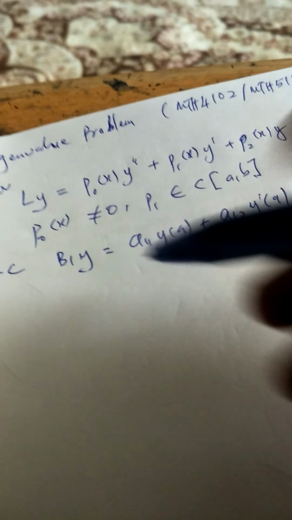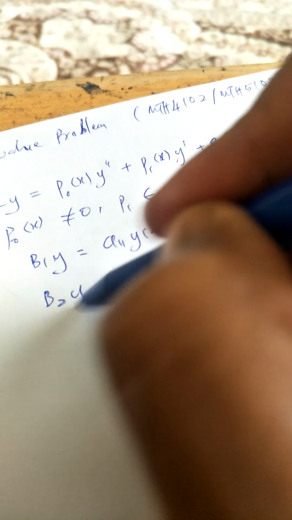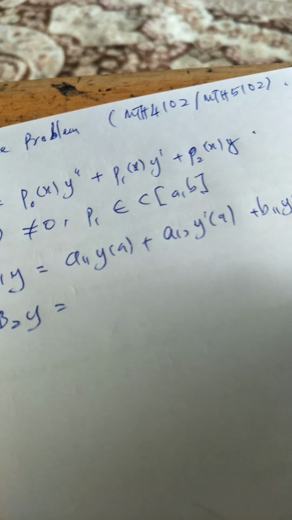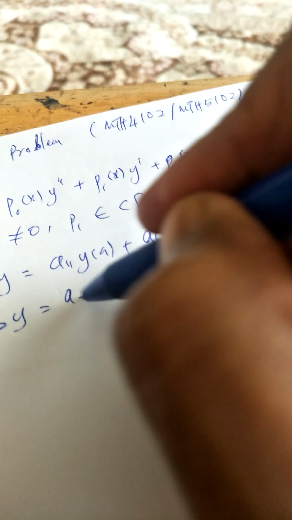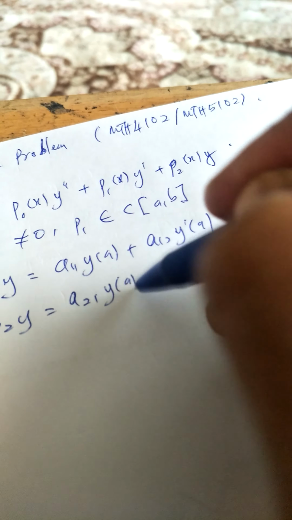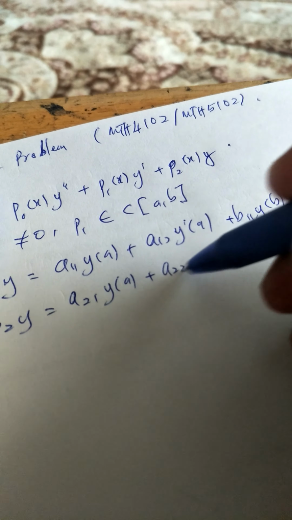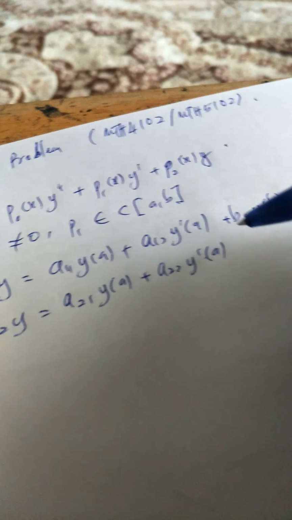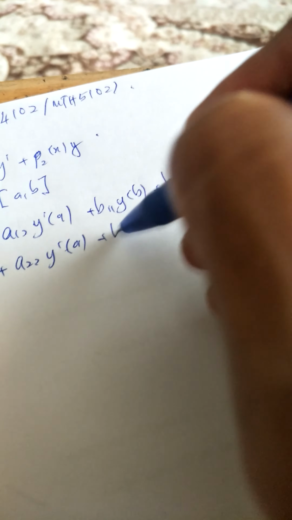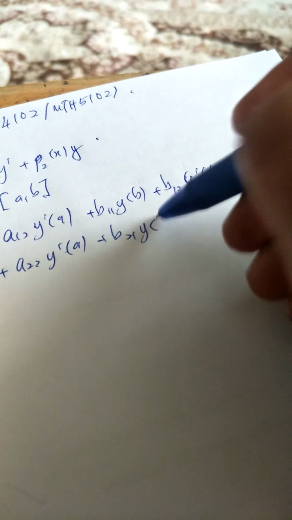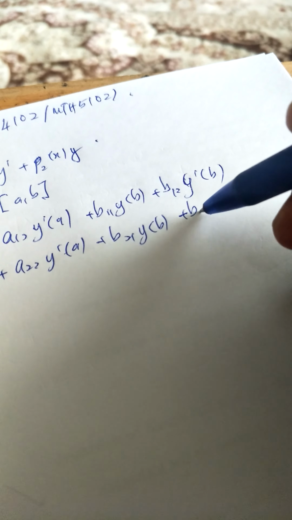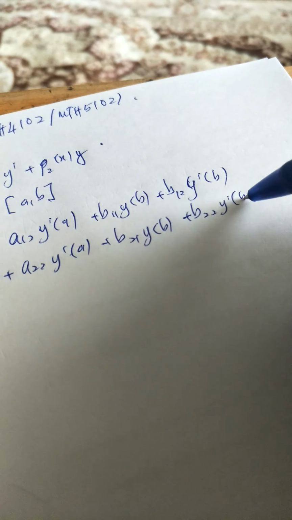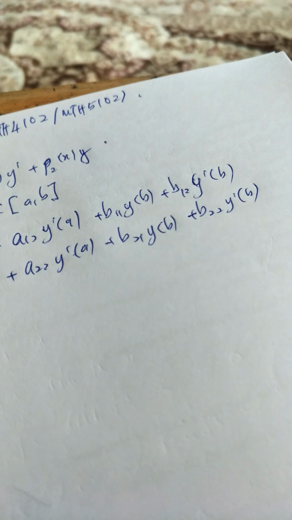And the second boundary condition B2 y is given as A21 y(a) plus A22 y prime(a) plus B21 y(b) plus B22 y prime(b). That's the boundary condition.